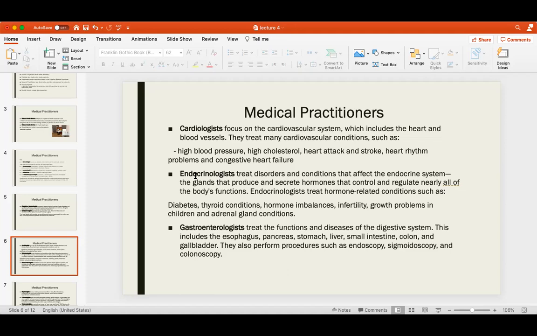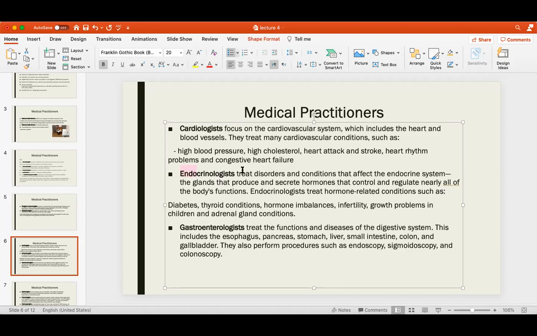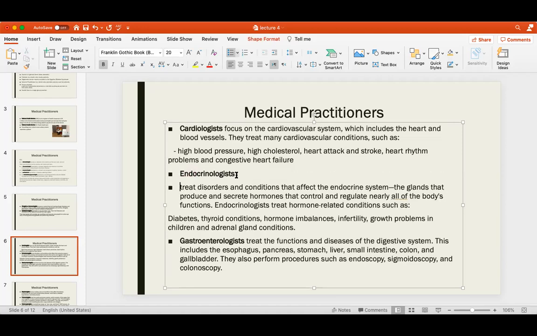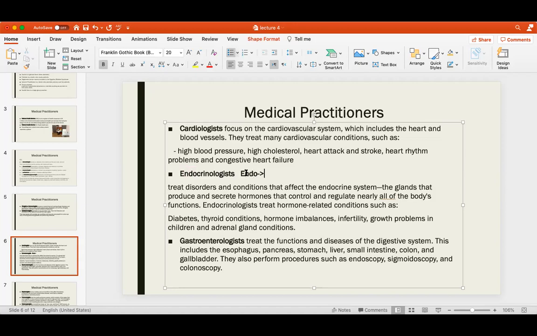Endocrinologist. As we said, endo means within. We have the prefix endo, which means within, and the root crin means secrete. So endocrinologists treat disorders and conditions that affect the endocrine system.